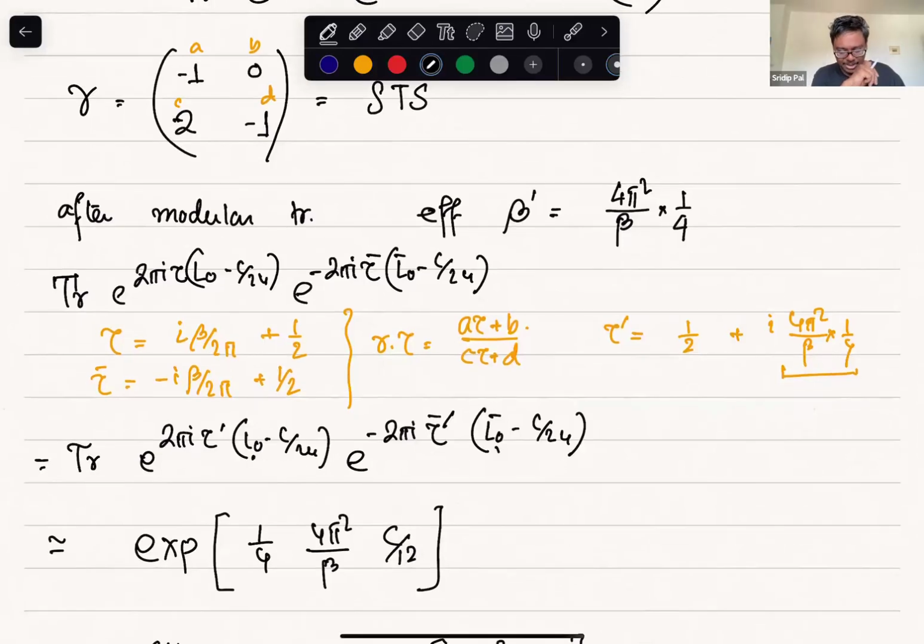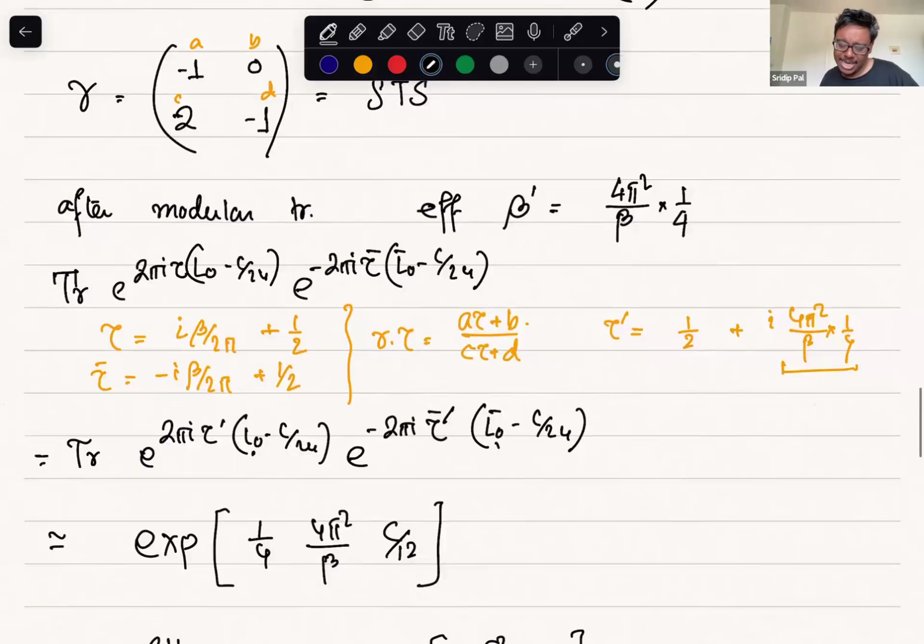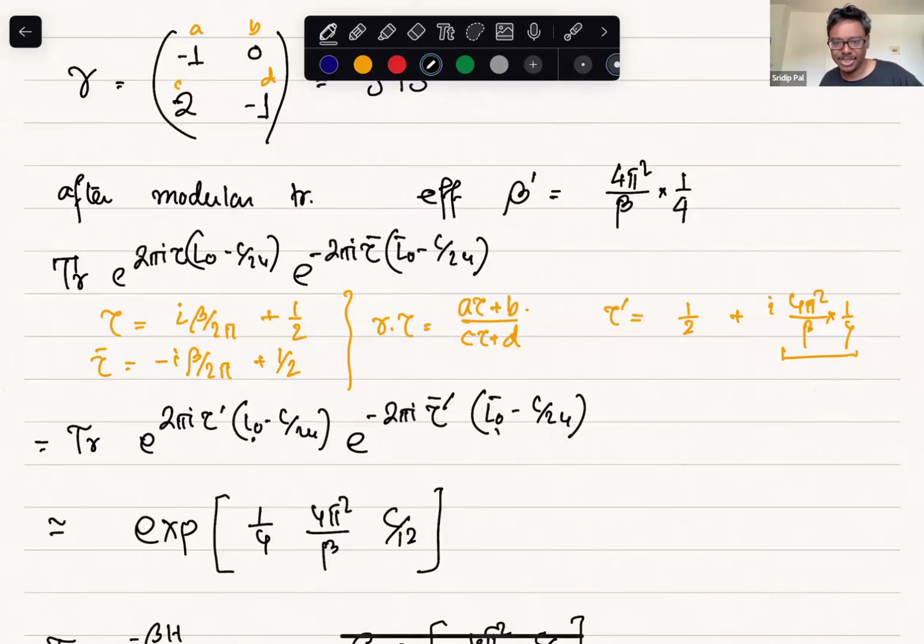For bosonic theories, spins are integers, so the partition function is invariant under T transformation. But for fermionic theories, the spin can be half integer, so it might not be invariant under T. So the story is slightly more complicated in the fermionic case.